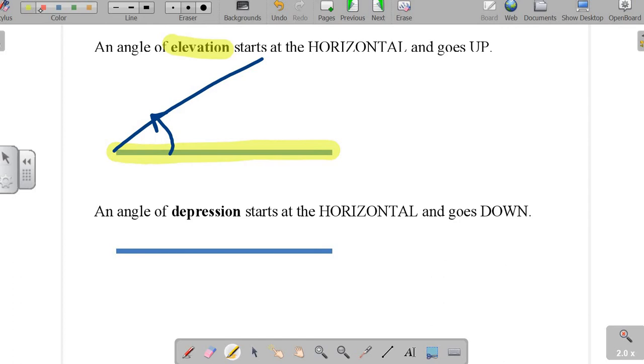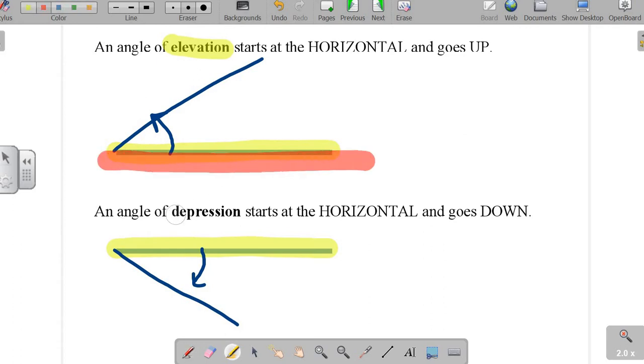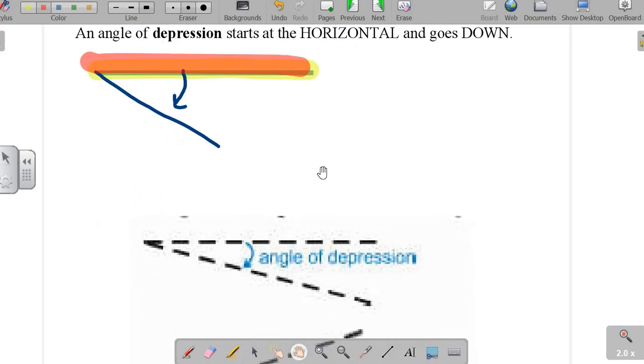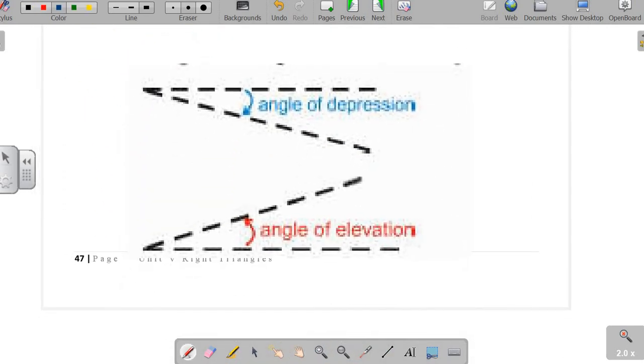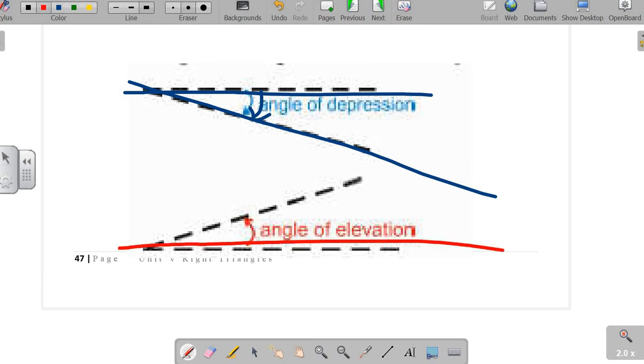An angle of depression starts at a horizontal and goes downward. What is the same about elevation and depression, very importantly, is they both start at a horizontal. Angle of depression, horizontal angle downward. Angle of elevation, horizontal angle upward.